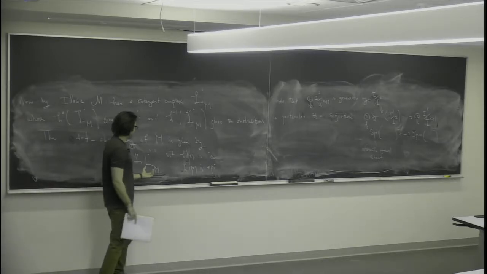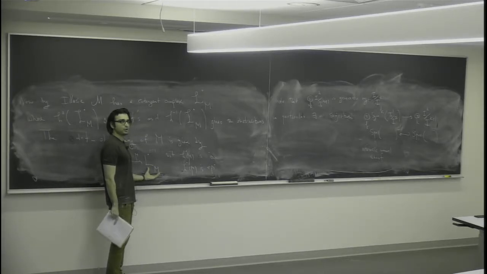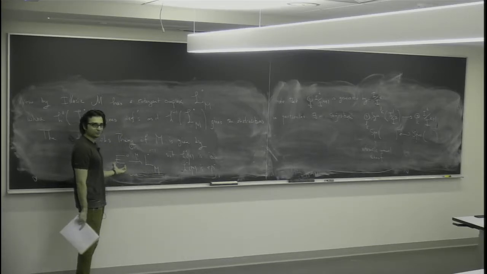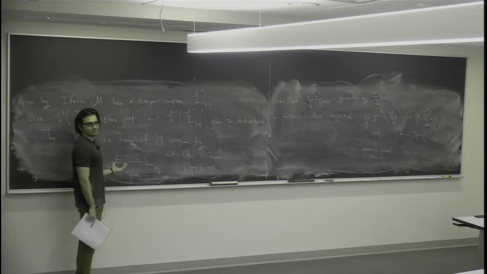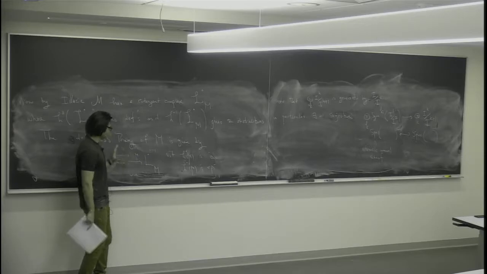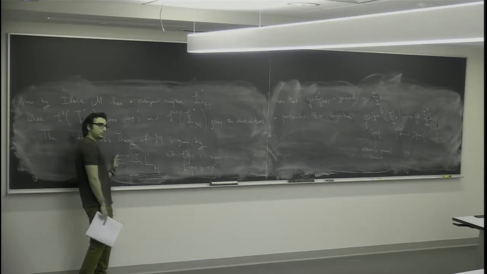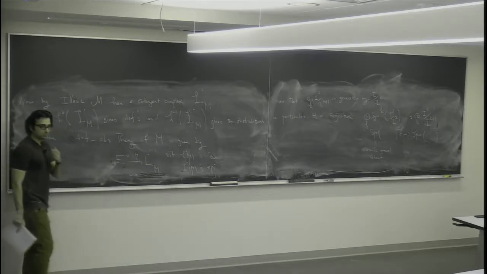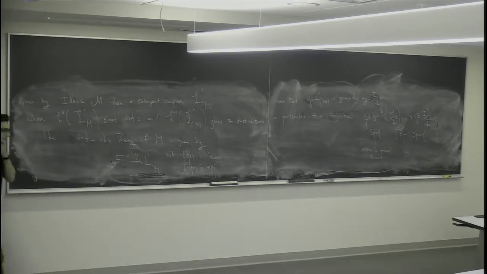So how to do that? This is that statement. If E dot is a complex of arbitrary length, like this, E minus 1 for instance, F, E0, E1, E2.